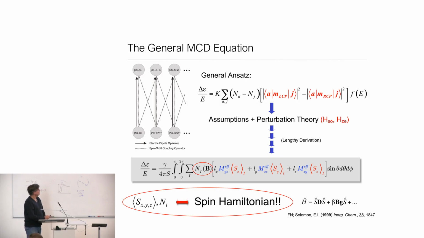But here you see how the polarization of the transition is filtering, so to say, which part of the magnetism you see. Right? So if all of these are 1, then you basically get the SQUID signal in the MCD.